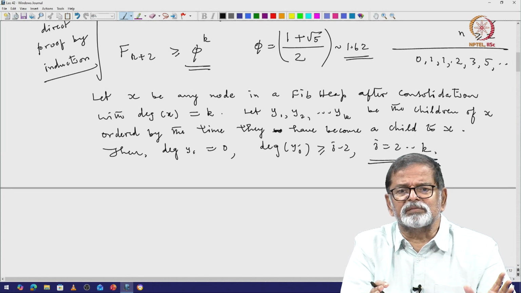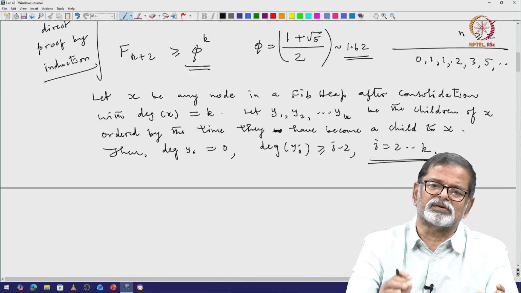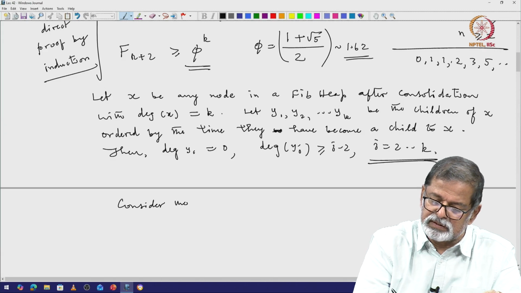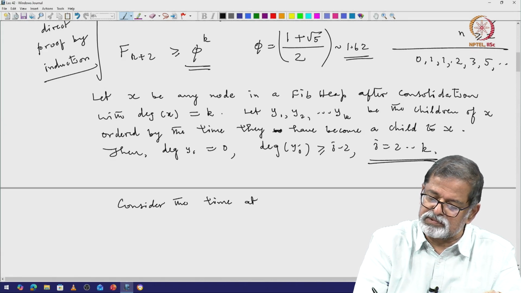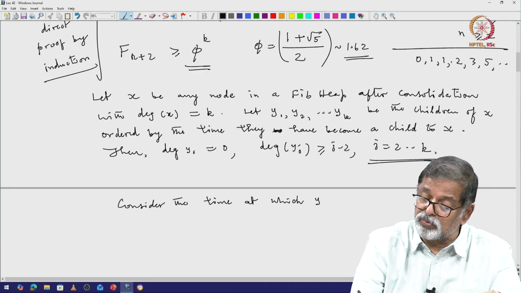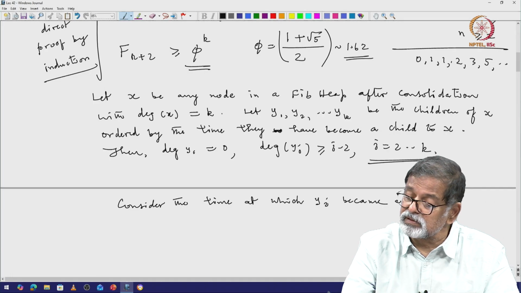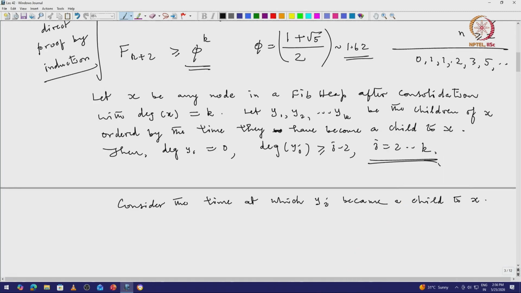This is somewhat easy to see. Let us consider the time at which yi became a child to x. So when will this happen? Only when the degrees are equal. Linking is done when the degrees are equal. So x had the same degree as yi, and yi became a child.